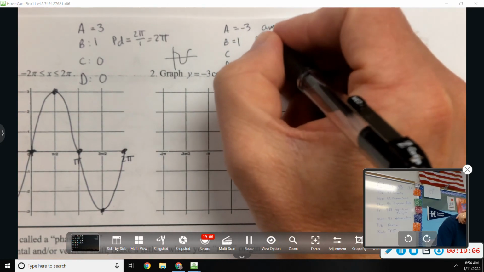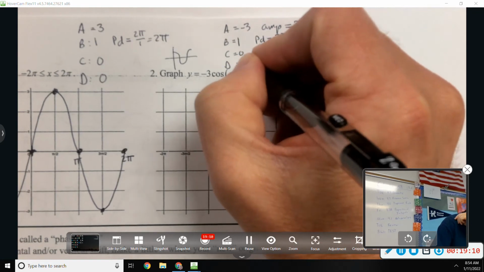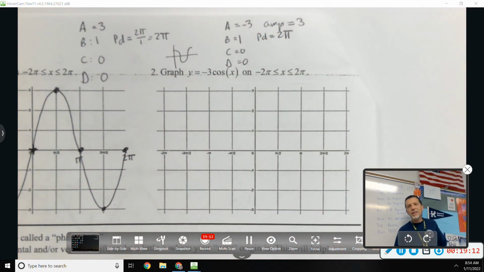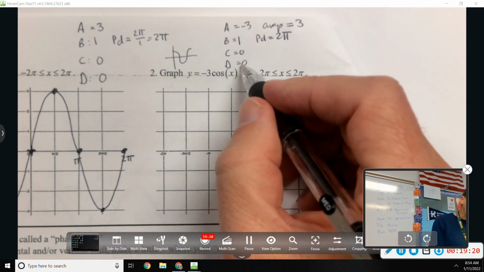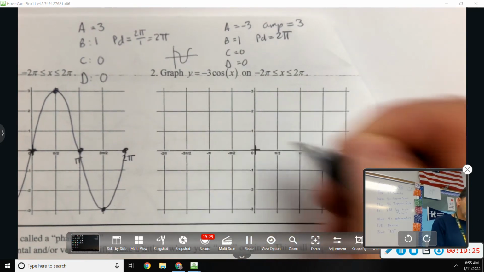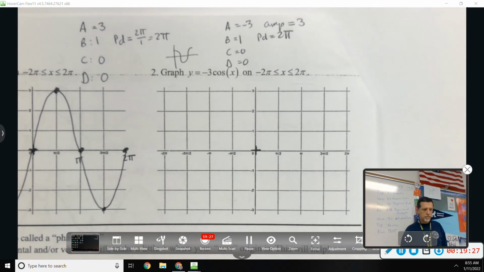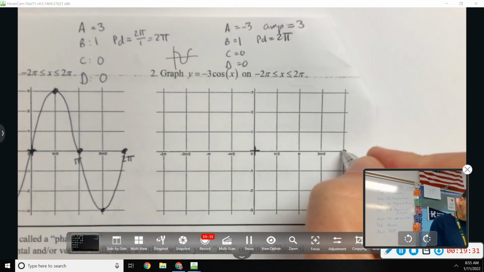B is 1, which means the period is still 2 pi. C is 0, D is 0. So there hasn't been any left, right, or period changes. Well, hold on, let's go in order here. D and C are both 0, so my starting point is still the origin. The period is 2 pi, so 2 pi away, I know I'm starting over.